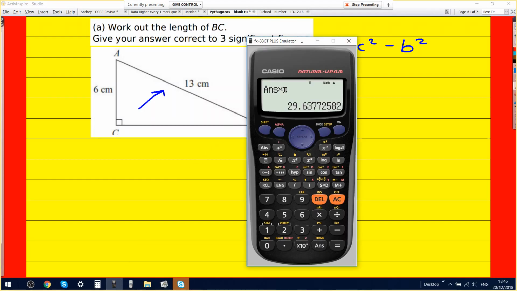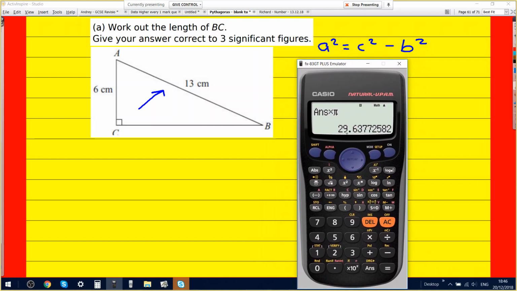And so what am I putting in the calculator? What are the values of c and b? So we've got 6 and 13. So which is which?